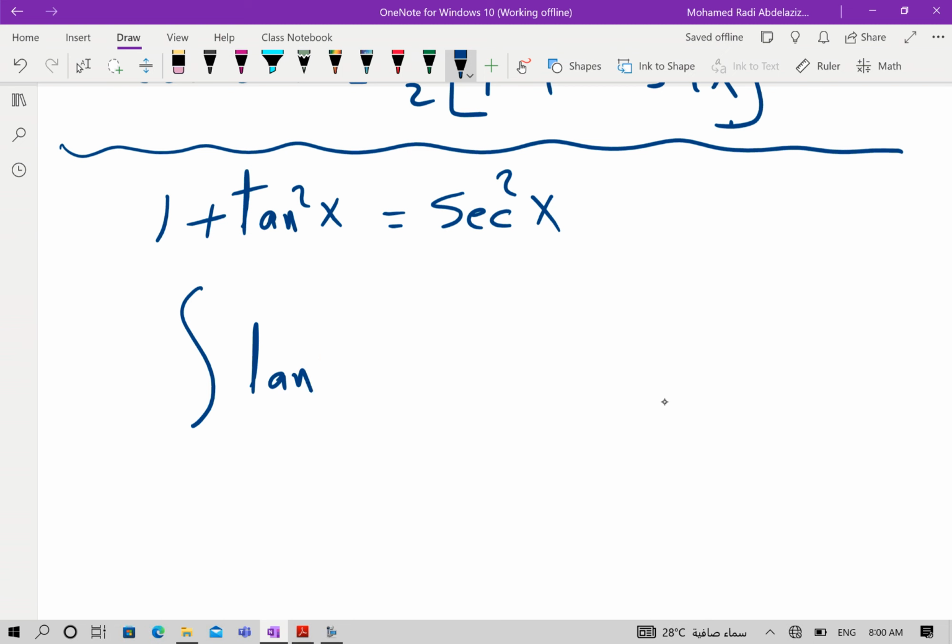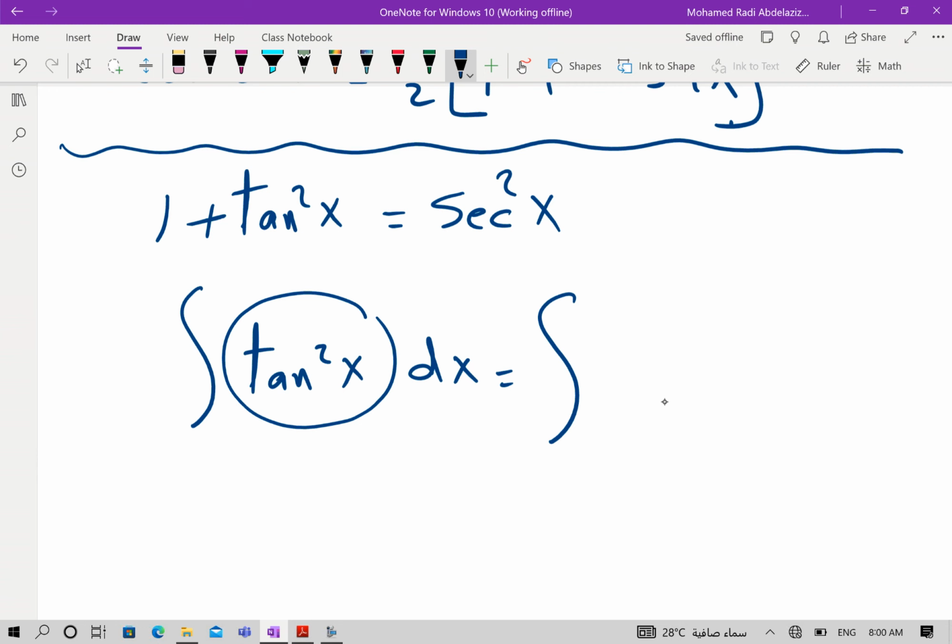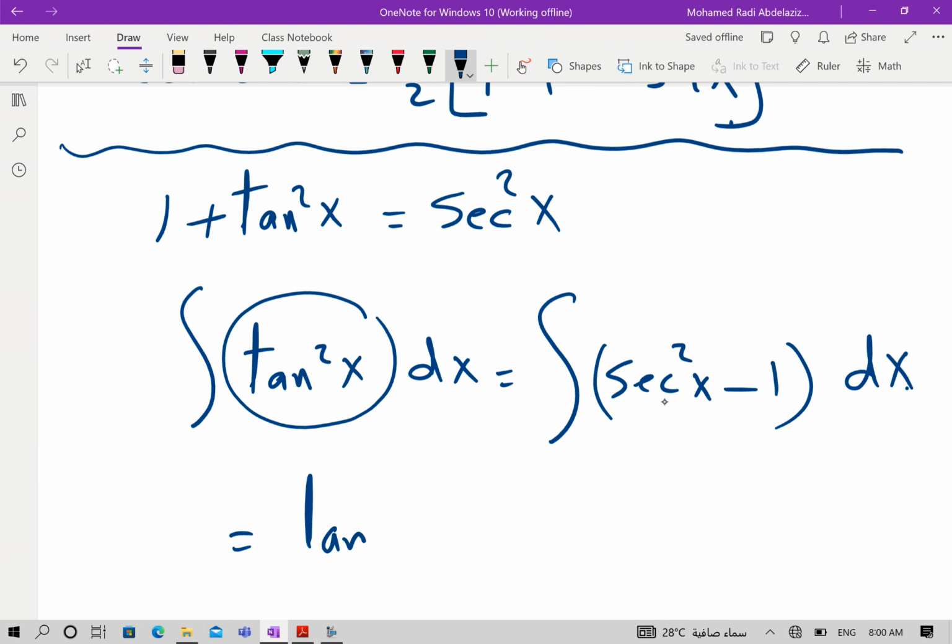Integrate tan squared x dx: remove tan squared and write it in terms of sec squared, which will be sec squared x minus 1 dx. We already know how to integrate sec squared. Integrate of sec squared is what? Tan, because differentiation of tan is sec squared. It will be tan x minus integrate of 1 is x, then plus constant of integration.